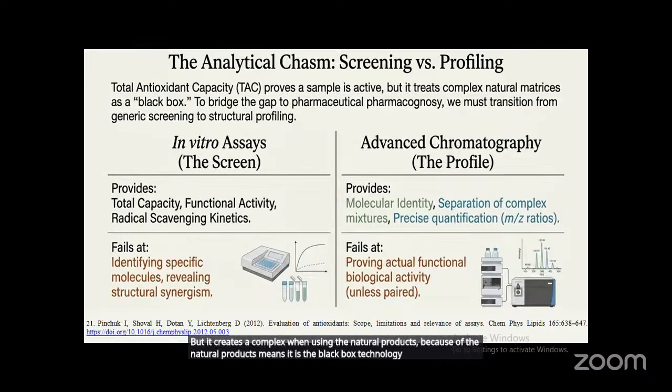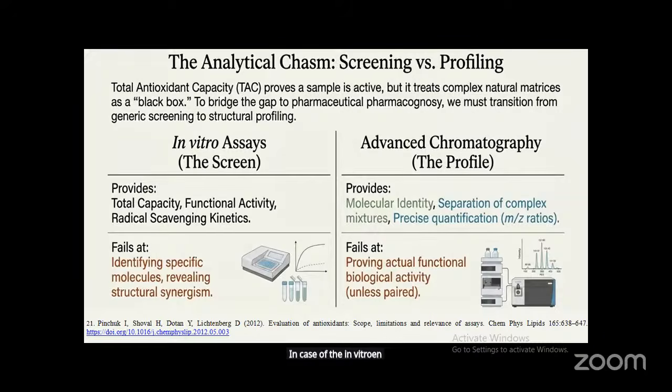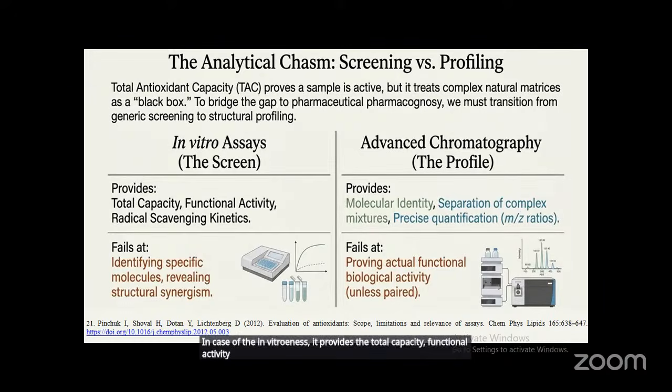What is present in the extract, we don't know. That's why it is called a black box technique. In vitro assays provide the total capacity, functional activity, and radical scavenging kinetics, but are unable to provide identification of the specific molecules or reveal structural synergism.